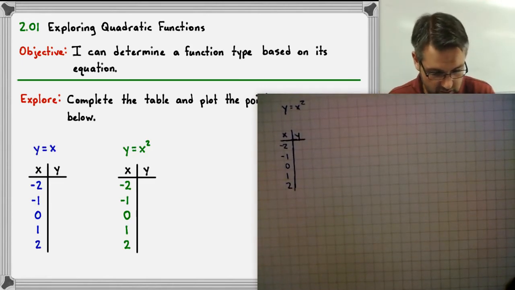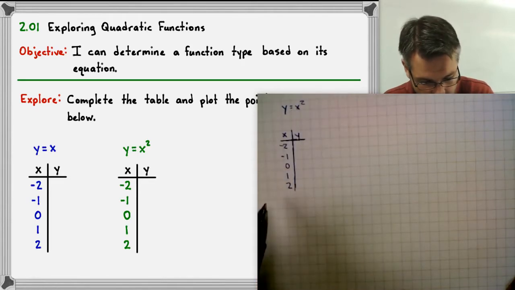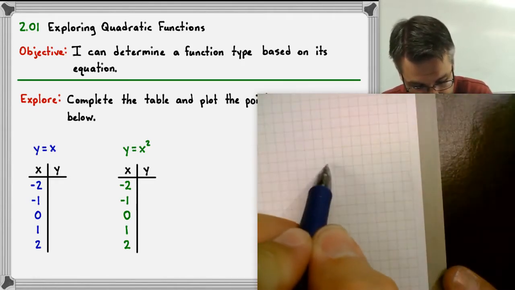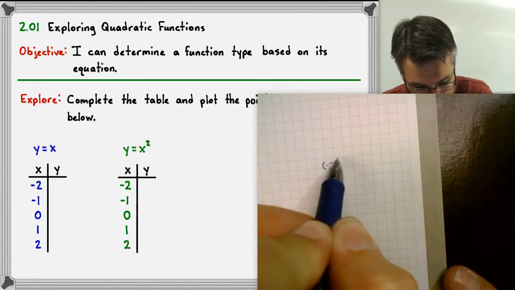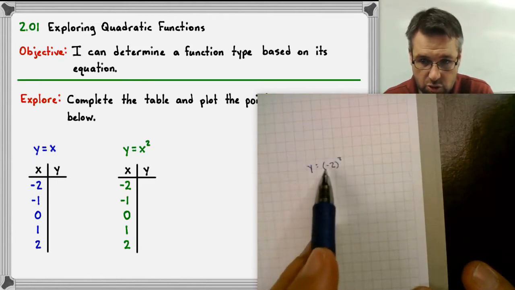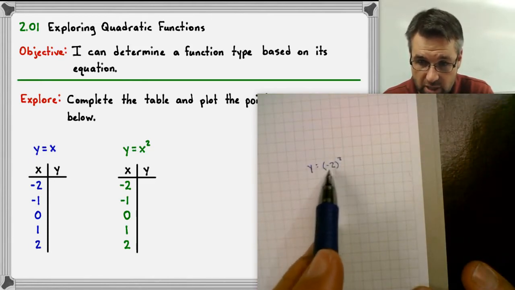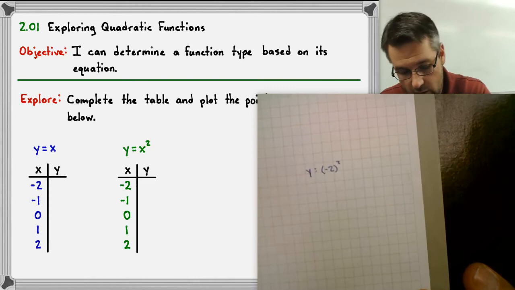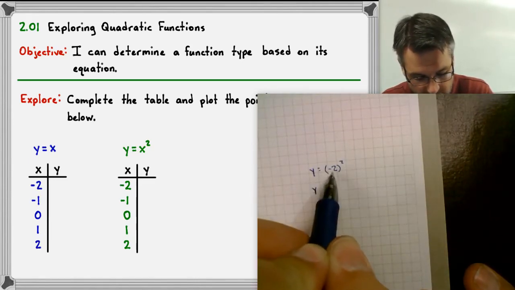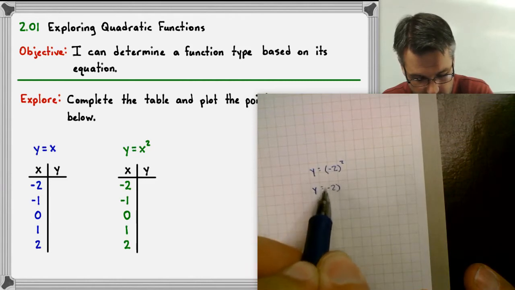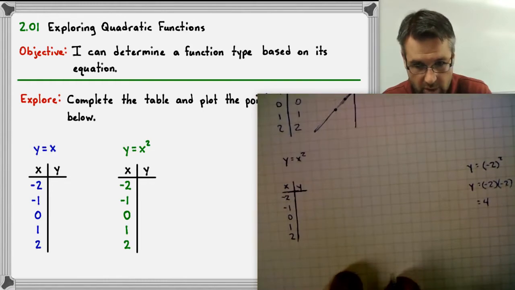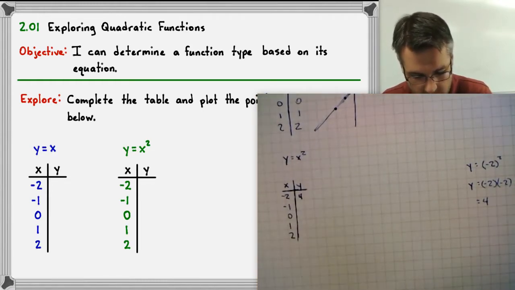If I plug in -2 to x, I get -2 squared, because the equation was x squared. Remember, anytime you do substitution, when you plug in that number, you put parentheses around it. That helps us identify what we should do with it. So -2 squared really just means -2 times -2, which is +4. So going back to the table, we end up with 4 here.